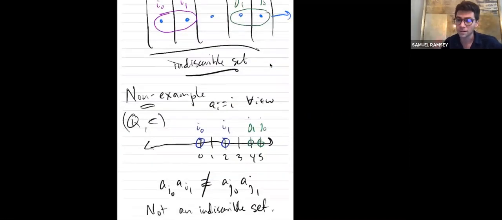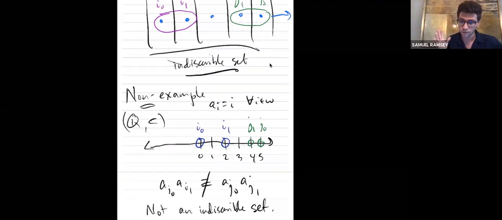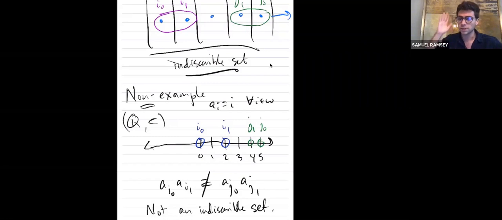You have the order property because you have the order around. And so in the first example, we saw that the indiscernible sequence we picked was an indiscernible set. And in the second example, we could very easily find an indiscernible sequence, which was not an indiscernible set. And what Shelah has proved is that this distinction is characteristic of the difference between stable and unstable.